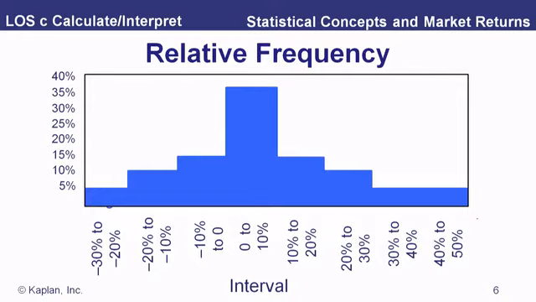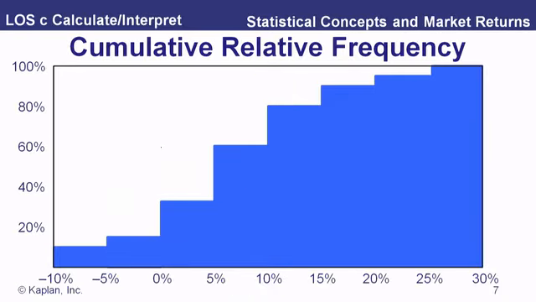Well, now first focus on this left-hand side here, where we've got 5% and then we've got 10%. So now when we go to a cumulative relative frequency, we start out with our 5%, and then we add some more, and that's the total. And then up here, we have the probability, the frequency, of being in all that interval to the left. That didn't show up very well on the screen, did it?